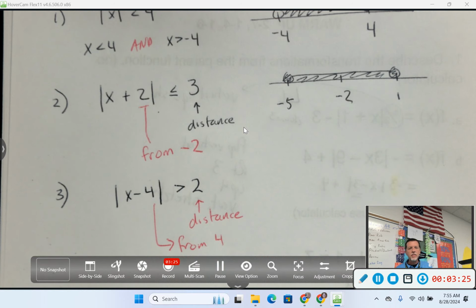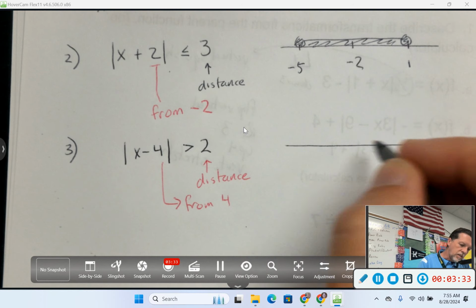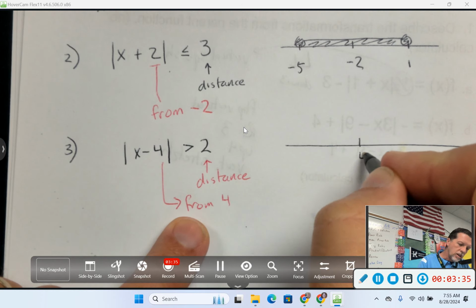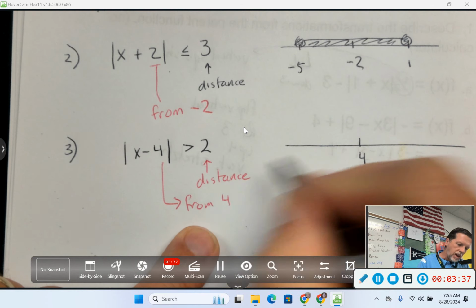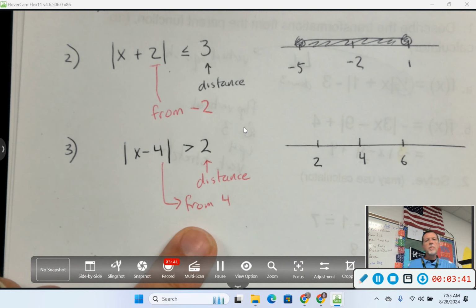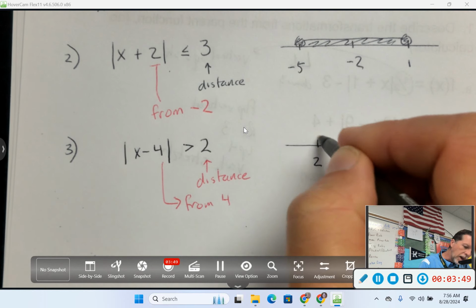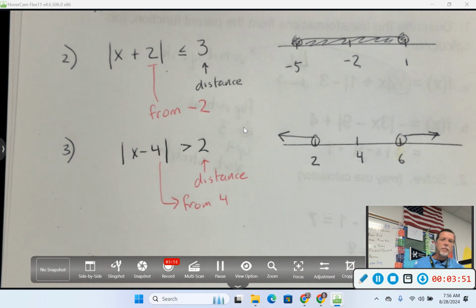And I want the distance to be greater than 2. So we'll start at 4, and we'll go 2 away, so 6 and 2. But I want everything that's more than 2 away.